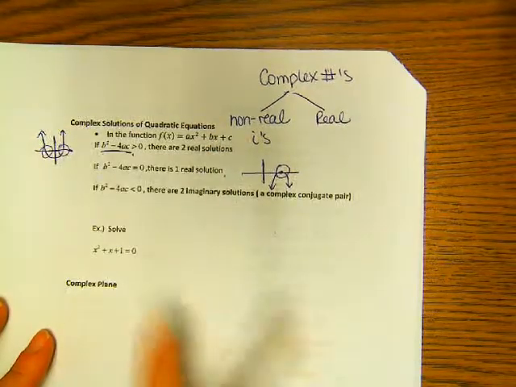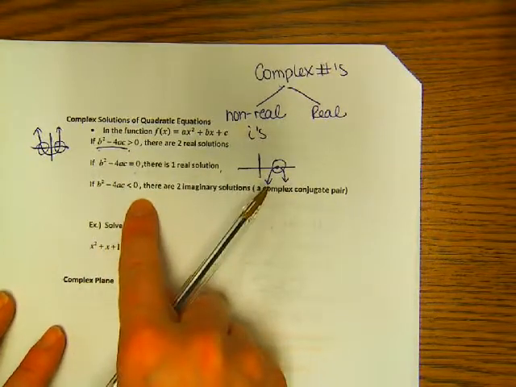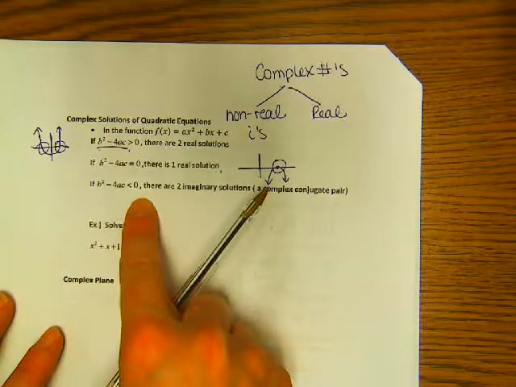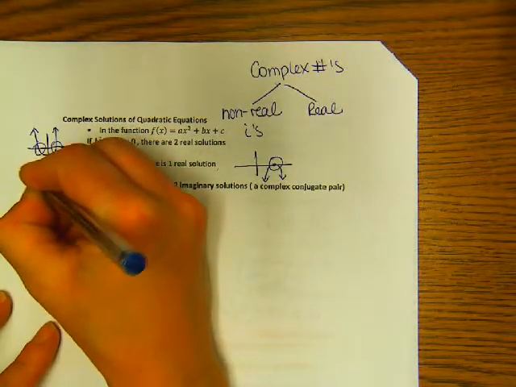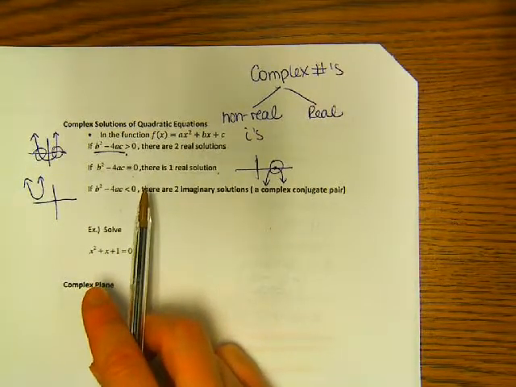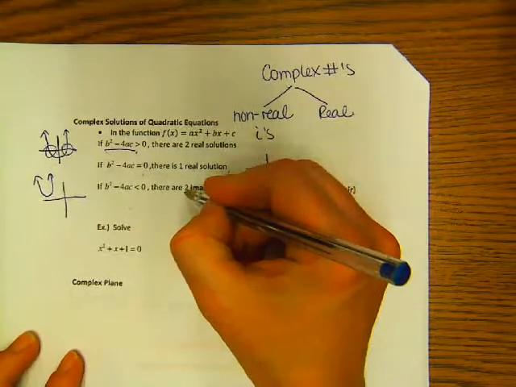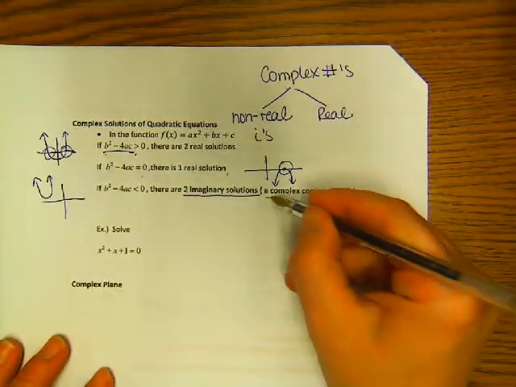And if the discriminant, or b squared minus 4ac, is negative, there are no real solutions. So what it looks like on the graph is this. It doesn't touch the x-axis. There are no real answers to that. You couldn't find them on your calculator. However, there are 2 imaginary solutions, and they are a complex conjugate pair.